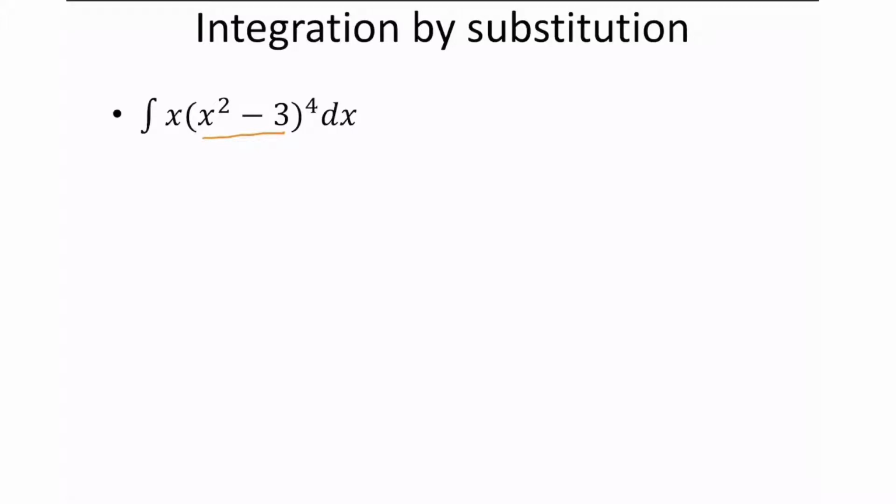Therefore, to do the integration by substitution, we need to replace what's inside the bracket, what's inside the other function, with something else, and usually we use the letter u to substitute that.